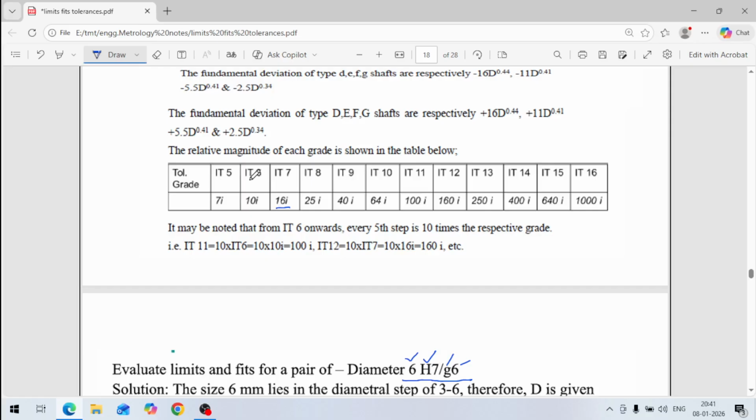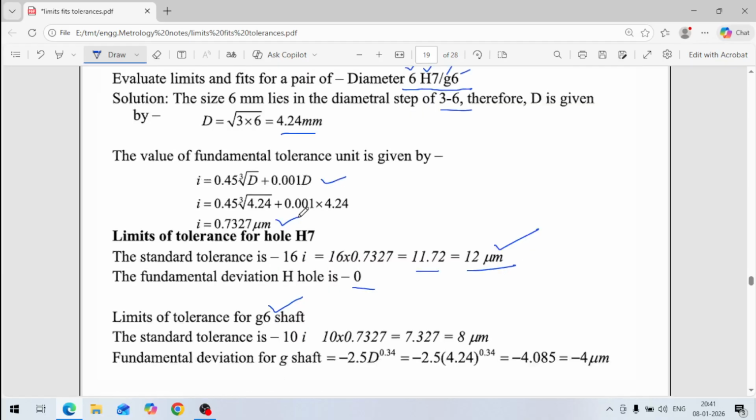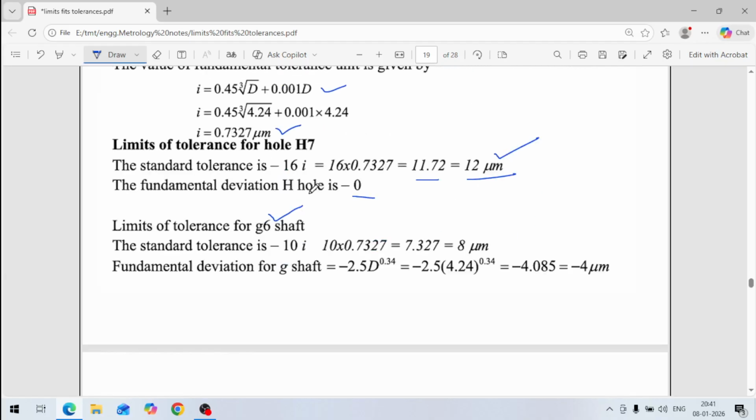So for tolerance grade 6, 10i is the tolerance. Here 10i means 10 into I, which we have already calculated as 0.7327. So it becomes 7.3 or say 8 micron. So tolerance is now 8 micron for the shaft.